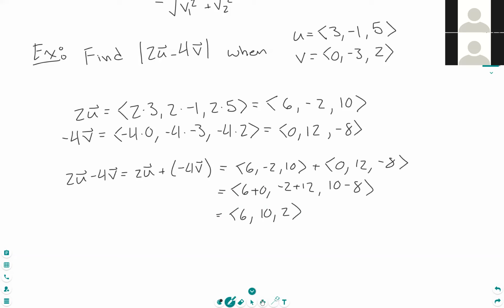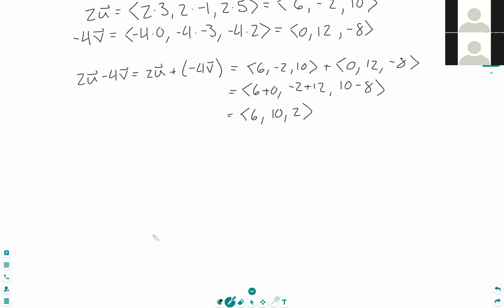Okay, so we're not quite done yet. We have the vector that's inside this magnitude, and we still need to calculate the magnitude. So let's continue. So the magnitude of 2u minus 4v is the square root of 6 squared plus 10 squared plus 2 squared, all in a square root.